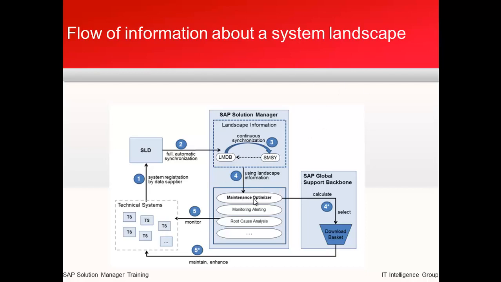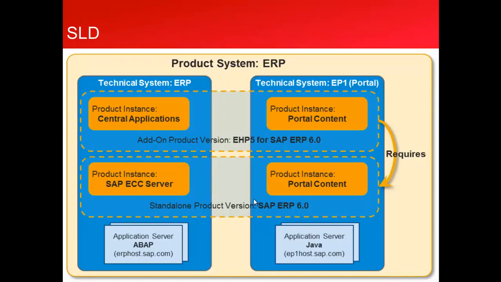The maintenance optimizer uses this information to find the updates for the product and the changes required when we are doing an upgrade, the list of software components required when we are upgrading a system. Then we have seen the product system, how it consists of technical systems, product version, add-on product version, and standalone product version.